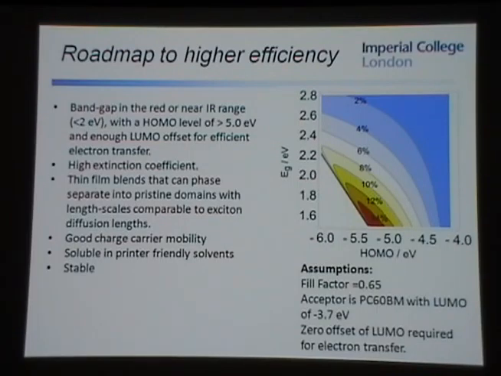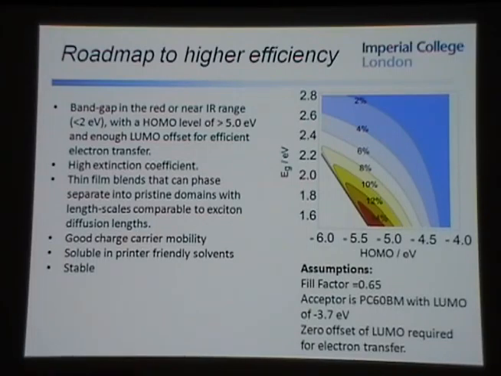If you can hit this sweet spot and get the morphology that you like, then potentially, assuming all these assumptions, you could get a single layer device with an efficiency of around 14%. So that's kind of what guides us, and you can make different assumptions here. You can obviously change this offset, and this will change the number. So that guides our molecular design.